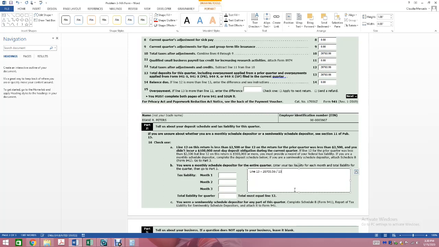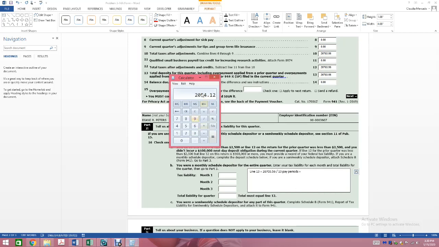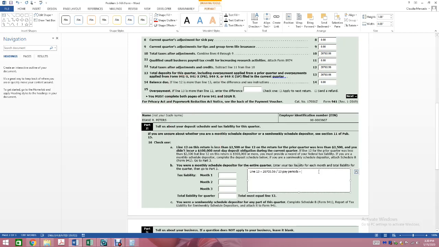I'm going to divide by 13 pay periods. And that is going to give me $2,054.12 per pay period. Now that I know this information, it becomes a piece of cake.